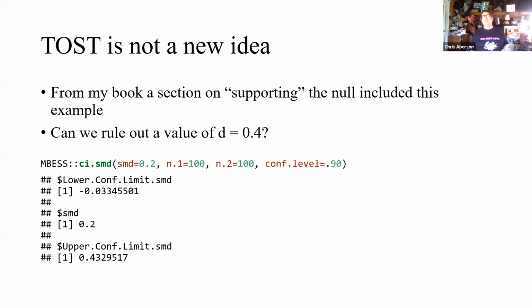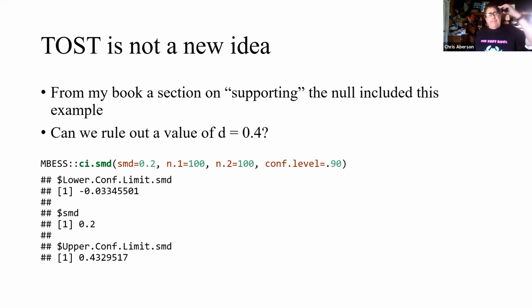Interestingly, this is not a new idea. Daniel Lakens is incredibly good at highlighting techniques that are useful but are not used by anyone, and that happened to fall right into where I was with my presentation of these approaches.